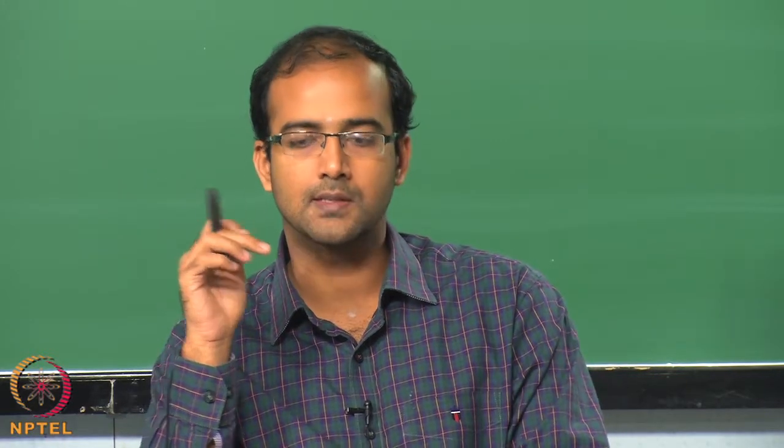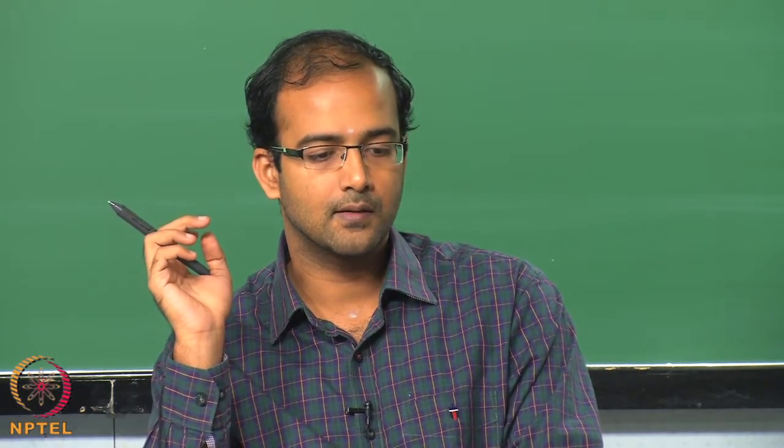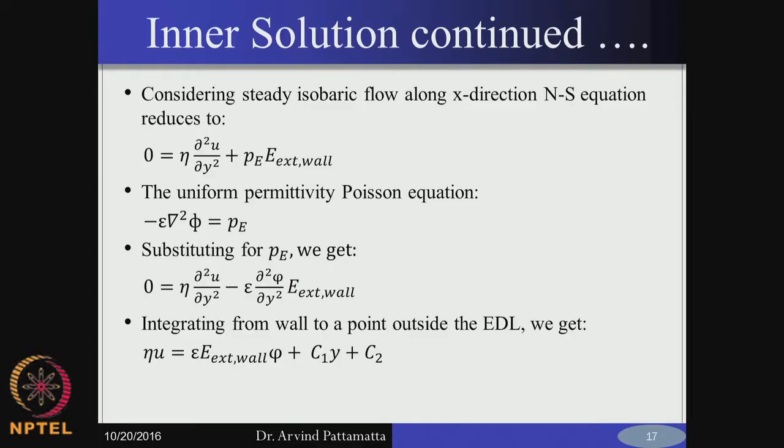So, only two forces are there, one is your viscous force, the other is your Coulomb force. These two will perfectly balance and you get the velocity profile out of this momentum balance. So, the other terms are all 0, assuming you have a fully developed steady state solution for a flat plate with 0 pressure gradient.